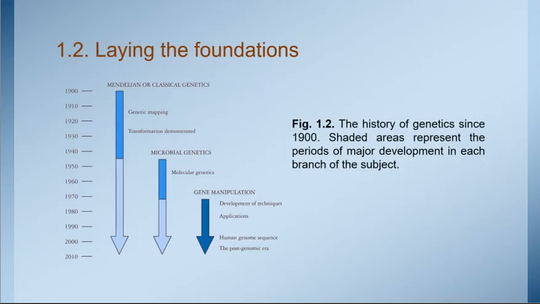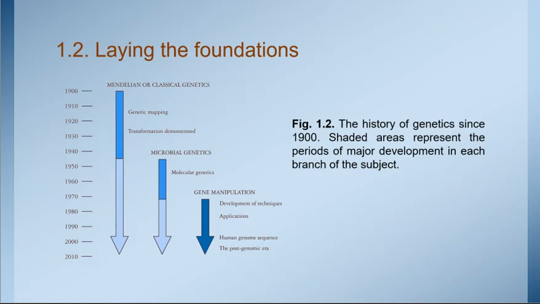So here is laying of foundations. Although the techniques used in gene manipulation are relatively new, it should be remembered that development of these techniques was dependent on the knowledge and expertise provided by microbial genetics.